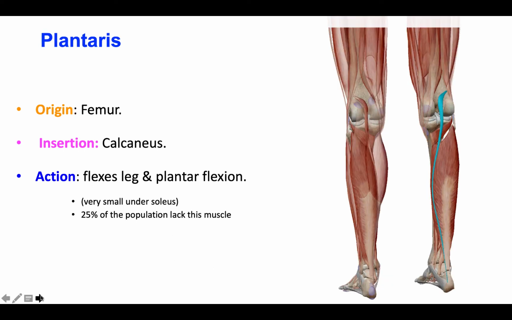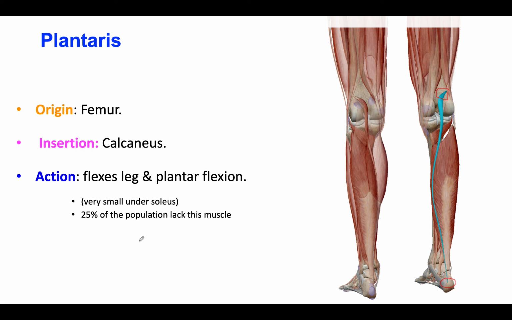Now this is the third, and this one's pretty interesting because it is so small. Do you see this tiny little muscle here? And it dead ends right into the Achilles. Well, actually, together all 3 muscles make up the Achilles tendon. Now, the origin is, of course, on the femur for this one, and it inserts into the calcaneus.